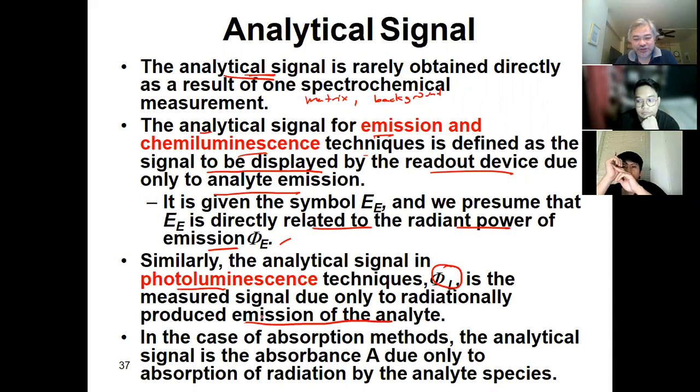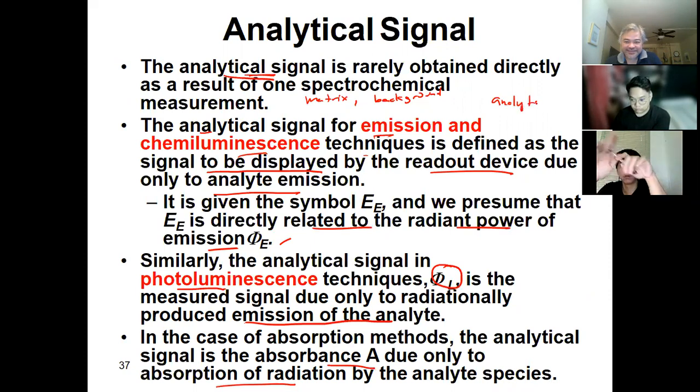In the case of the absorption methods, the analytical signal is the absorbance due only to the absorption of radiation by the analyte species. So you want to make sure that your analytical signal comes from the analyte itself.